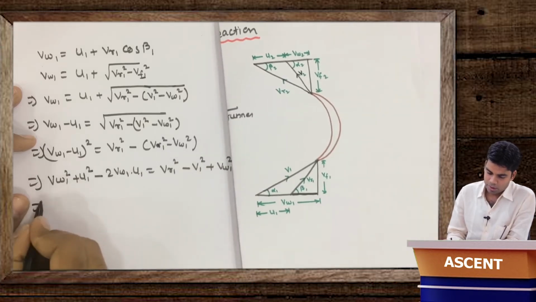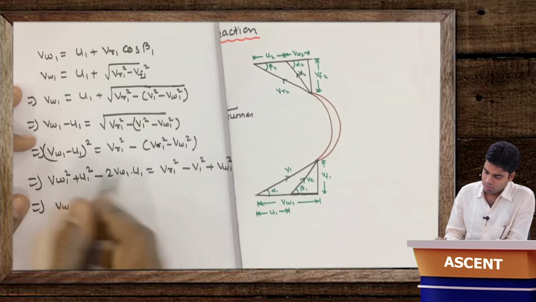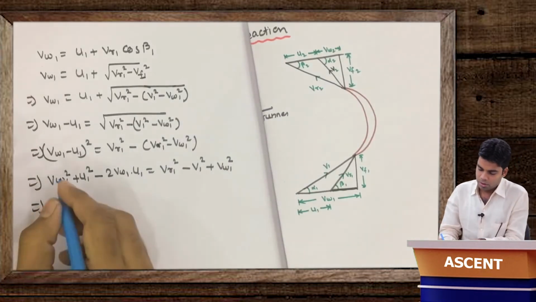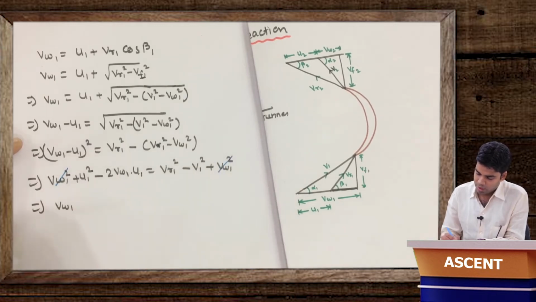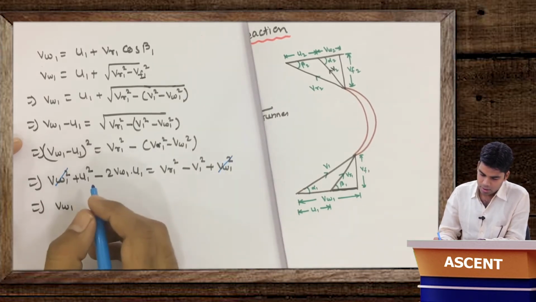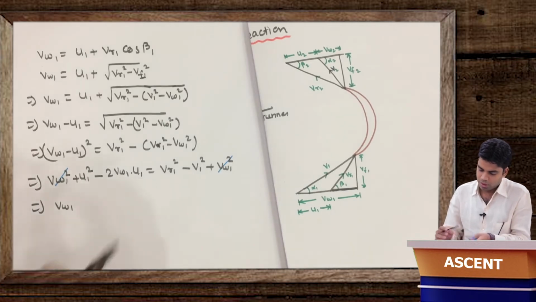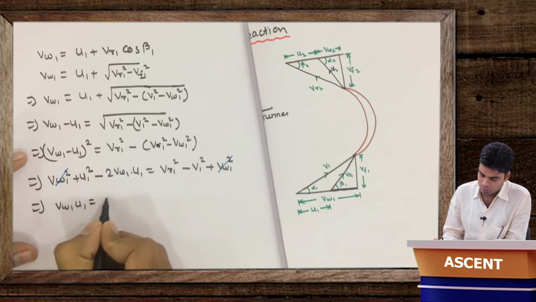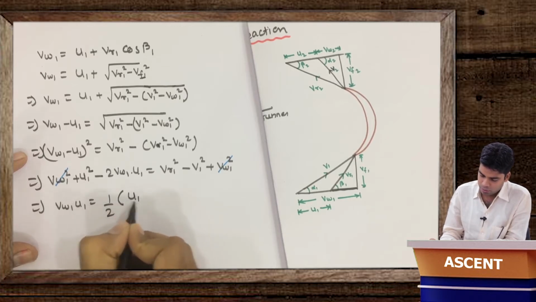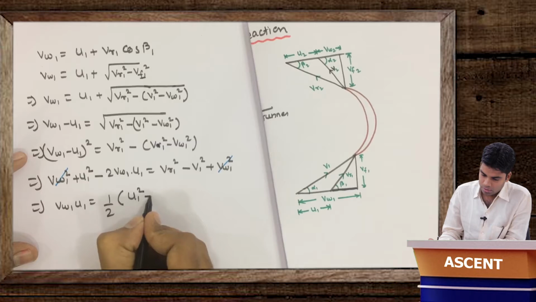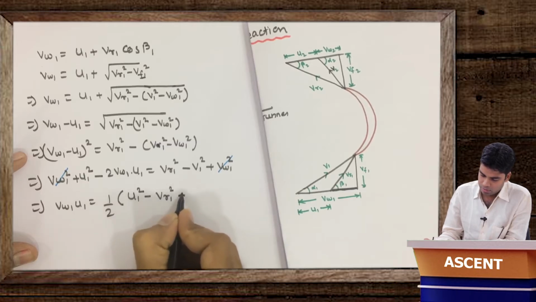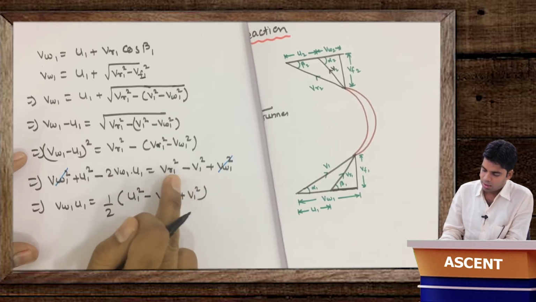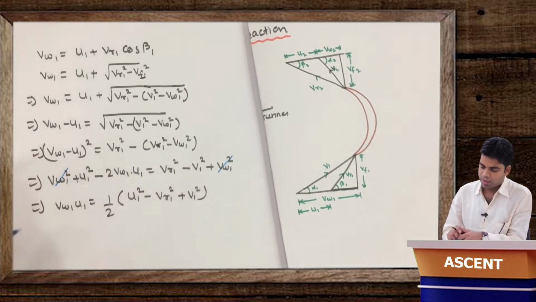So this VW1 square and this VW1 square will be cancelled. Next, 2 VW1 U1 will be equal to U1 square minus VR1 square plus V1 square. Okay, taking this 2 VW1 U1 this side and VR1 square minus V1 square this side, we will get what?